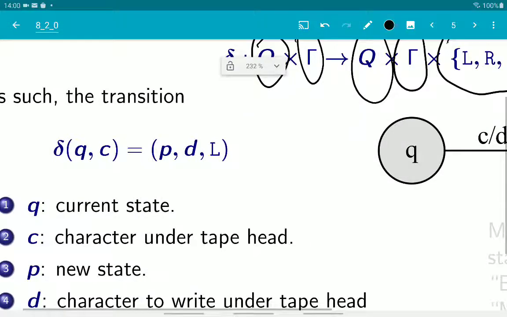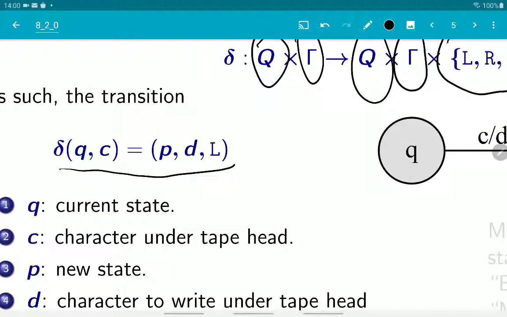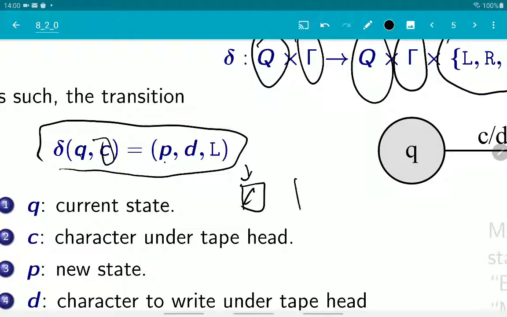So in particular, delta of q, c, if we write it down, equals (p, d, L), which means that from the state q, it moves to the state p. The letter c on the tape, that is the current letter under the head, is being replaced by the letter d. And L means that the head is being moved to the left.